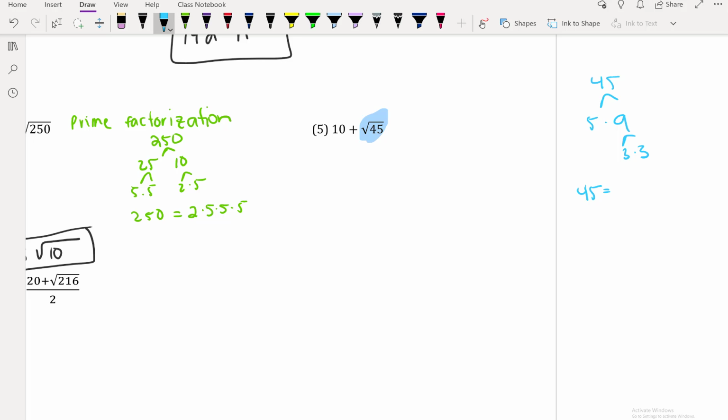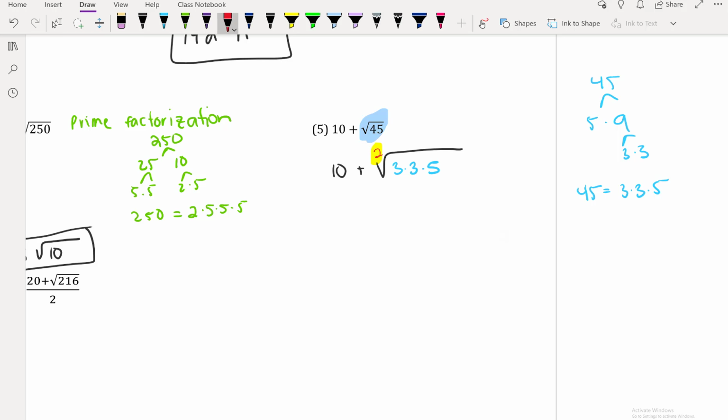So 45 is equal to 3 times 3 times 5. So I really have 10 plus the square root of 45, which I said is broken down as 3 times 3 times 5. And my index defaults to be that number that you don't see, which is 2.